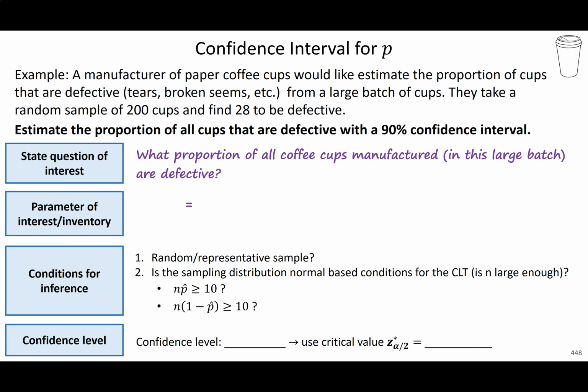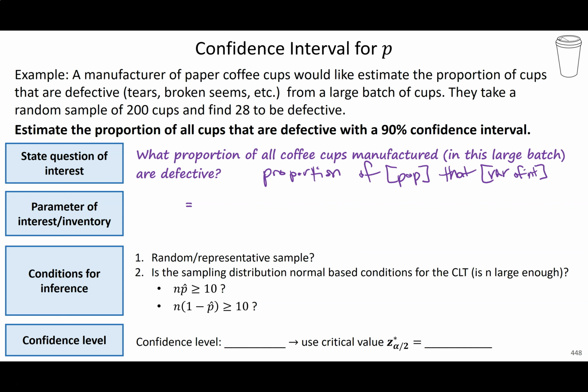So the notation is going to be a little bit different than when we were looking at means. So what proportion? So it's going to be proportion of, and then you're going to put whatever your population is, and then whatever that variable of interest is.